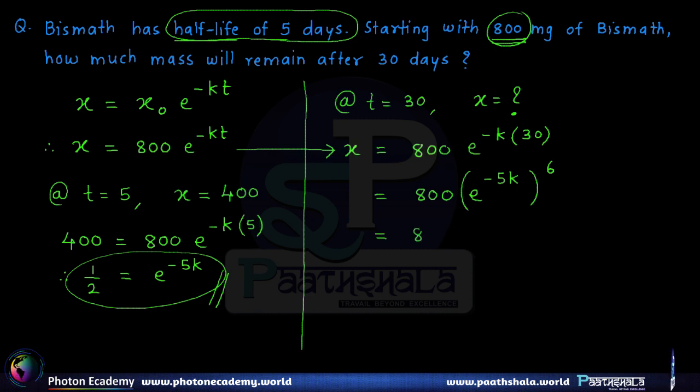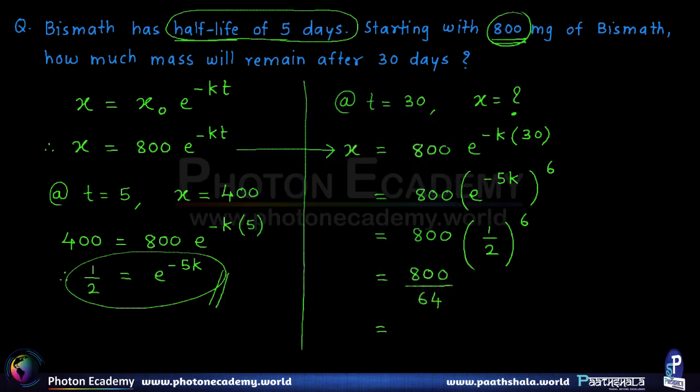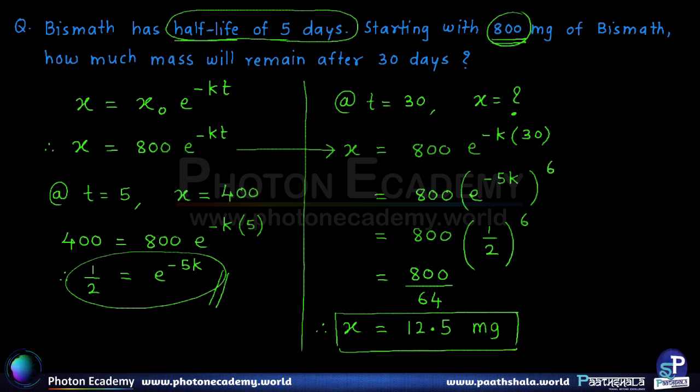So therefore since e raised to minus 5k was 1 by 2, that raised to 6, so that is 800 divided by 64. So therefore the answer turns out to be 12.5 milligram. So that means after 30 days only 12.5 milligram of bismuth would be remaining.